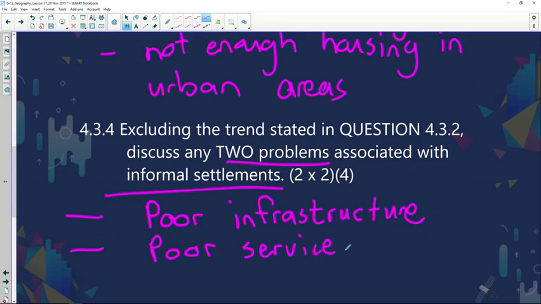Now, like I've mentioned, if you look at the definition of an informal settlement, it's a settlement that lacks basic needs and services.